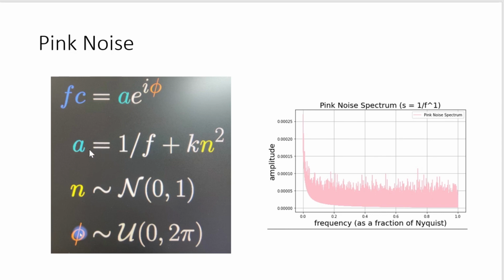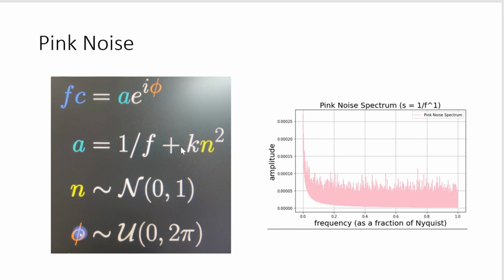As I mentioned earlier, this amplitude must exhibit 1 by f kind of characteristic. So one component of it will be 1 divided by f, which is going to implement this power spectral density. And the other component is a random noise. So this n will be nothing but a normally distributed noise raised to the power 2.